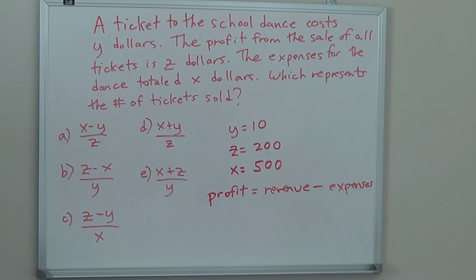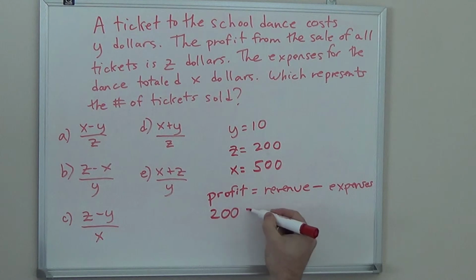So in this case, if the profit Z is $200, well, what's the revenue? The revenue is going to be the number of tickets that we sell times the cost of the ticket, right? So if we sold 20 tickets for $10 each, our revenue would just be 20 times 10, or $200.